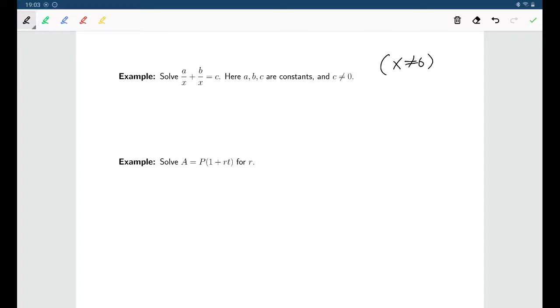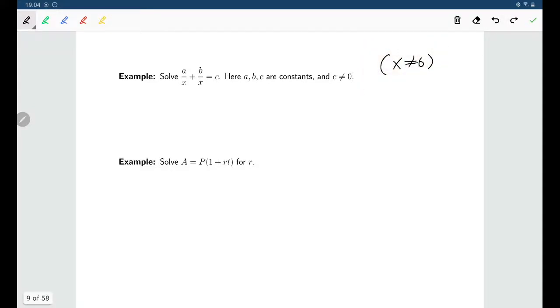So the one thing I'll do here is I'm going to, and this is going to sound like I'm going to contradict what I said 2 slides ago, but I'm going to multiply both sides of the equation by x. Now it's potential that x could theoretically be equal to 0, but we've already made the notice for ourselves that actually, no, it can't.